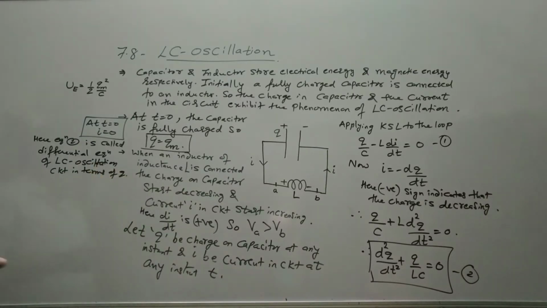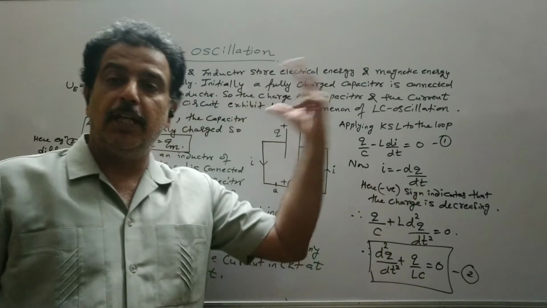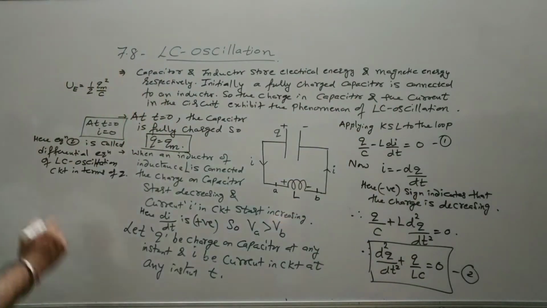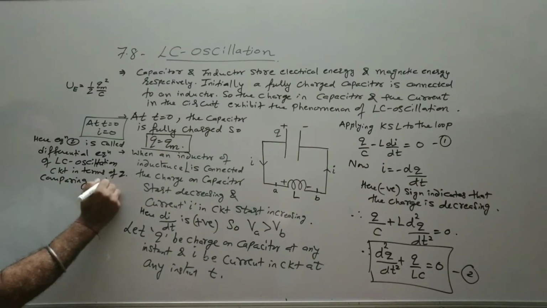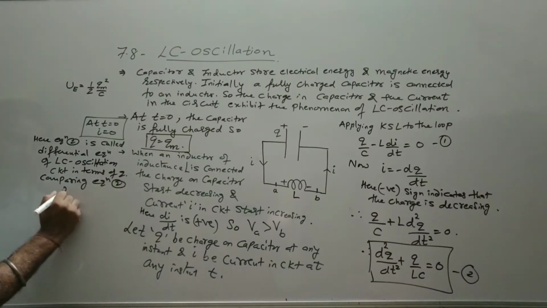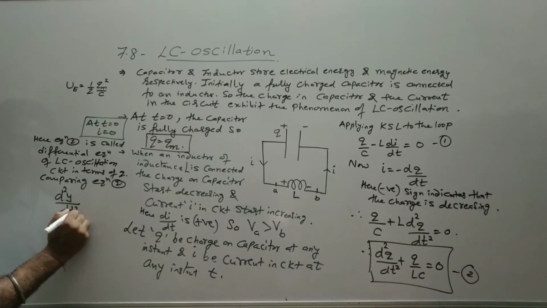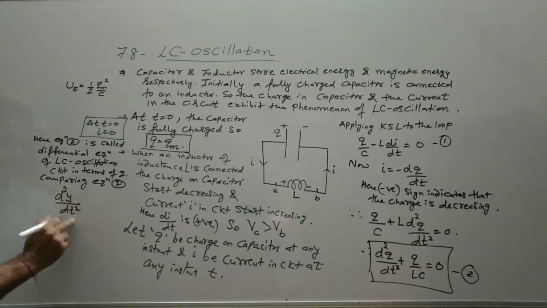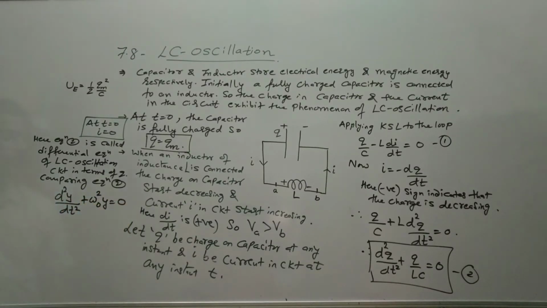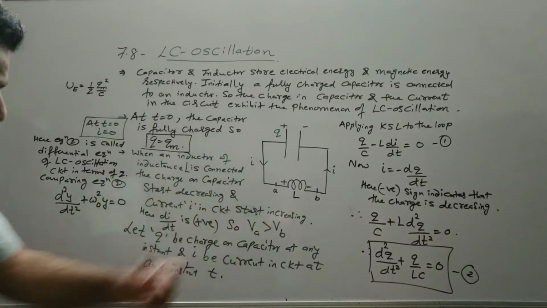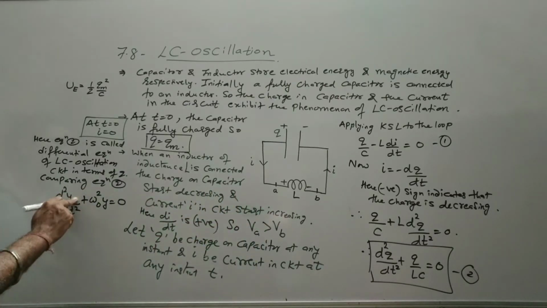Now if we compare this equation with the general equation of the simple harmonic motion, so comparing equation 2, we know the differential equation of simple harmonic motion was d square y upon dt square, that is the double derivative of displacement with respect to time, plus omega naught square y is equal to 0, where omega naught was the angular frequency of the system. Now if I compare this equation, y is equal to q.